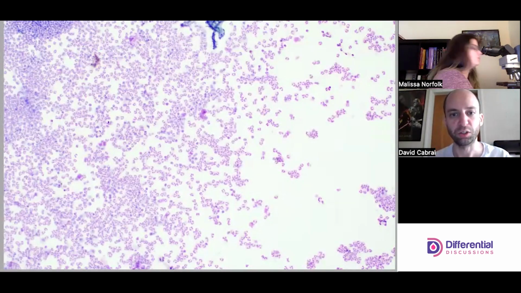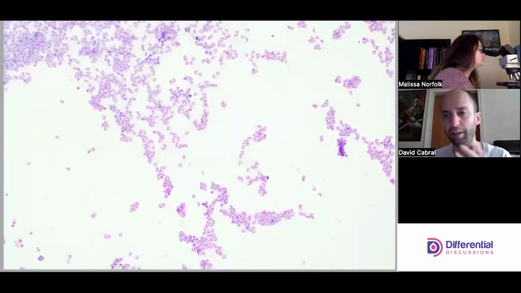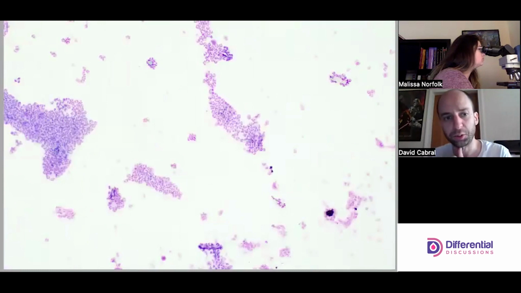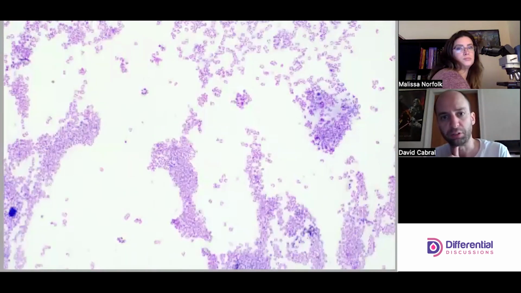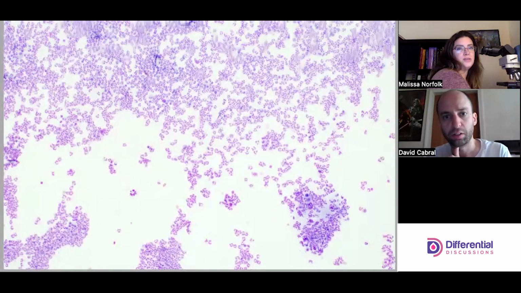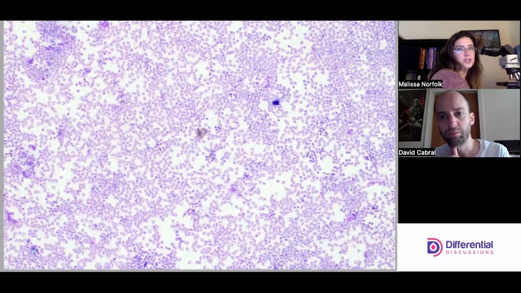So 10x is a great opportunity to scan and see if you're seeing big clumps of cells, or if anything in particular sticks out to you. Look to see if there are any big scary cells. Also, looking for the distribution.